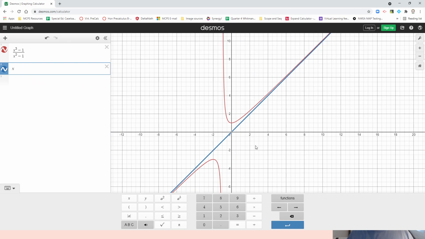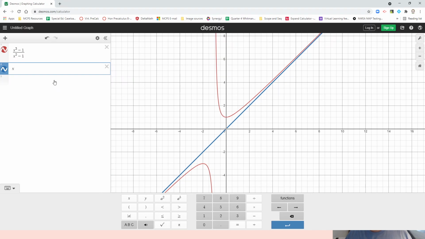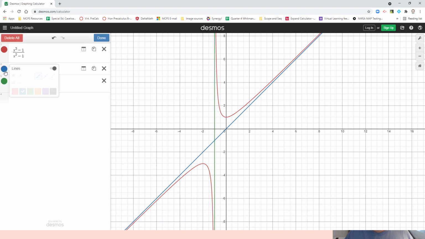So we could sketch that in if we want to. I mean, if you really want to, you can sketch the vertical asymptote in too. You just say x equals, what was it, -1? That looks right. And if you really wanted to, you could hit the cog. See the little cog up here? And you can change the color of this to, you know, red and dashed. This could be red and dashed, and then the original function can be blue or something.